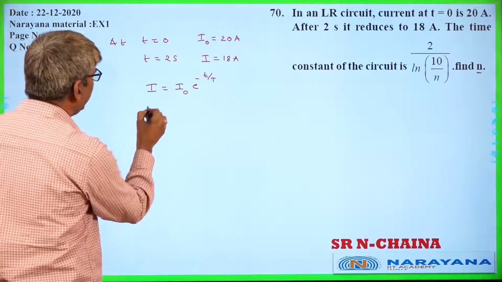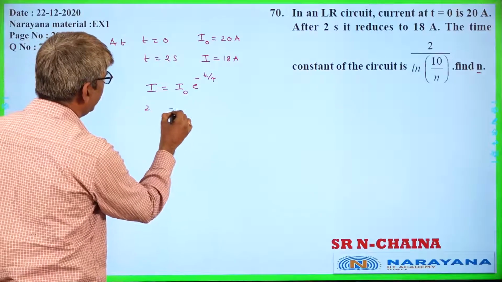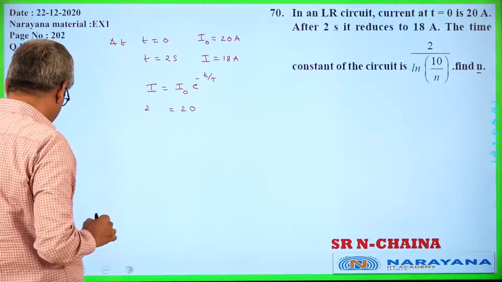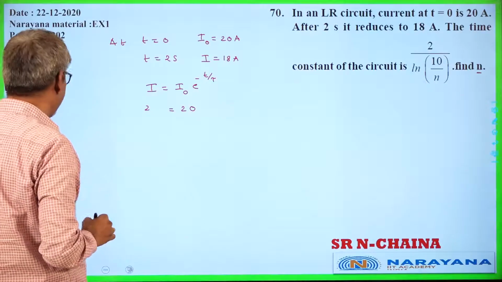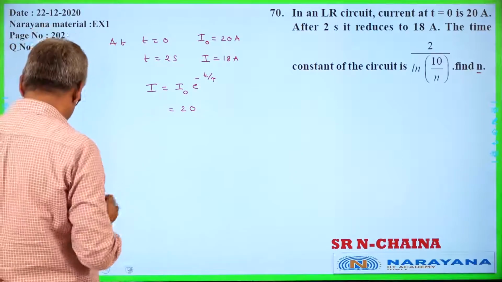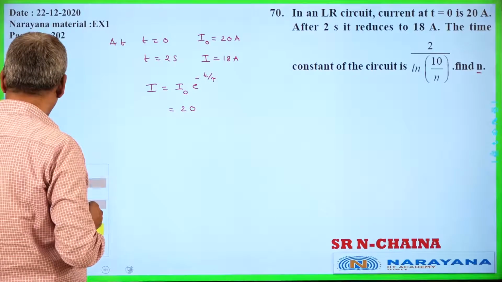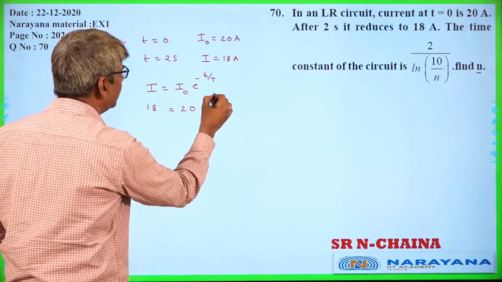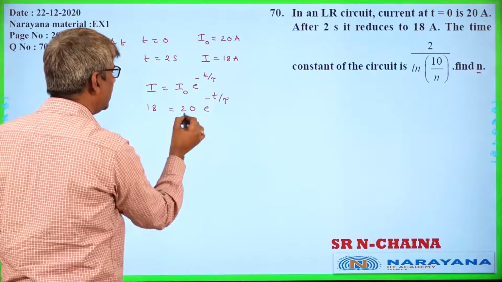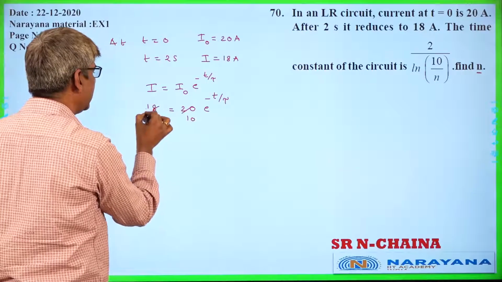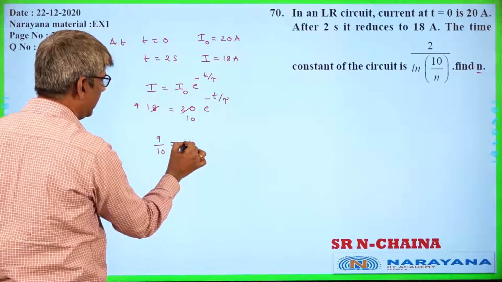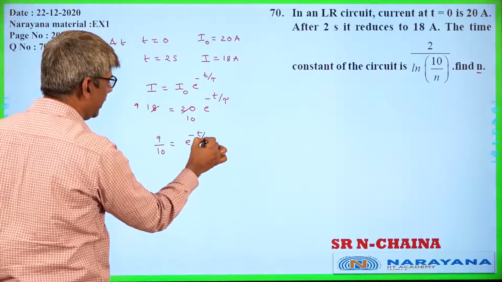I0 is 20, whereas this I value is equal to 18. So 18 is 20 into e power minus t by tau. We can write 9 by 10 is equal to e power minus t by tau.